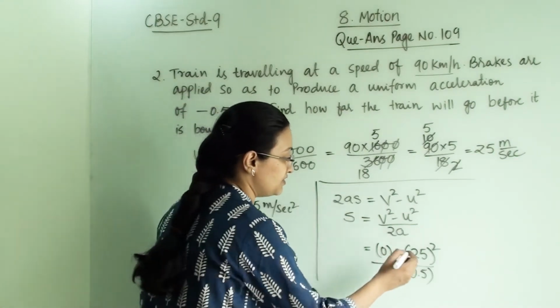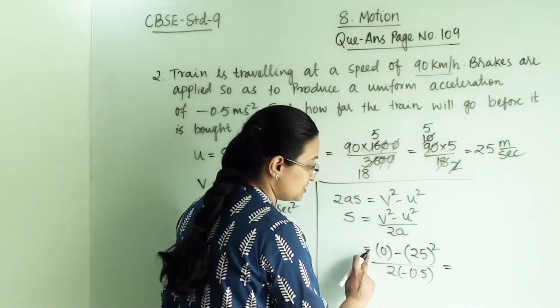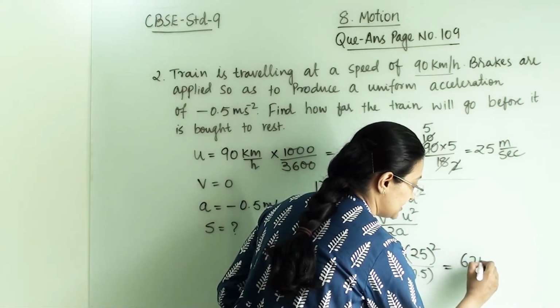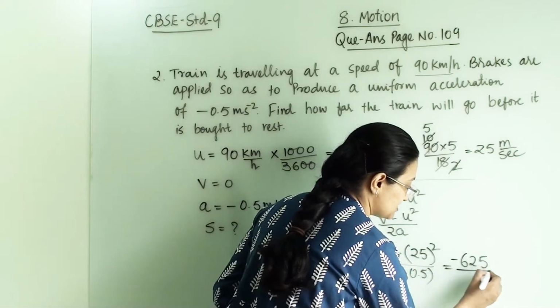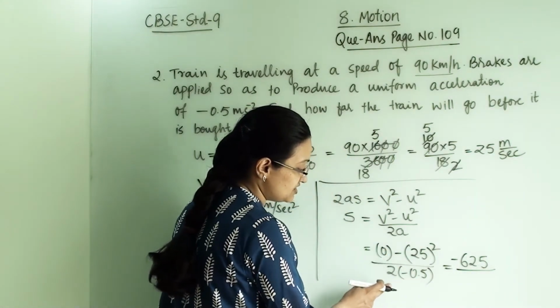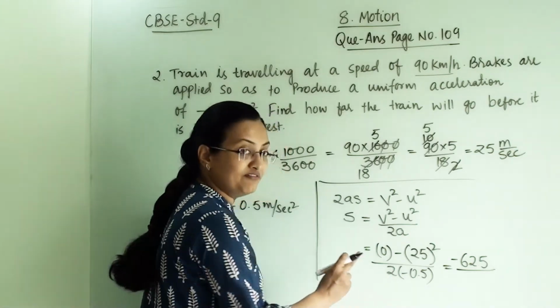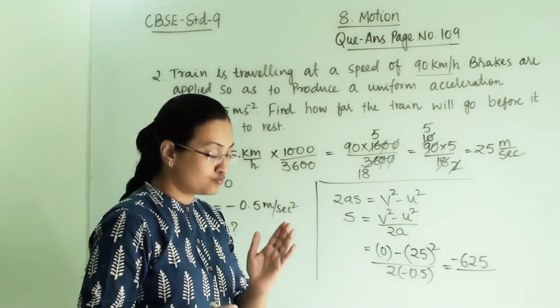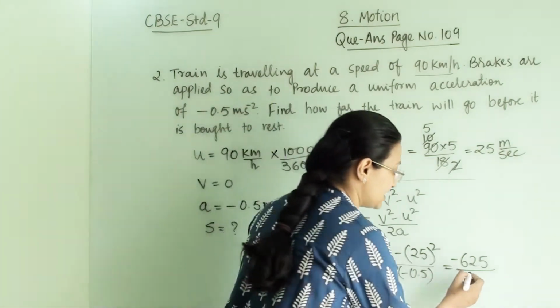This is 0, so we will get only this. We get 625, and that too minus, because it is carrying a negative sign. Then from 0.5 into 2 we get 1. 0.5 is a half, so half into 2 is 1.